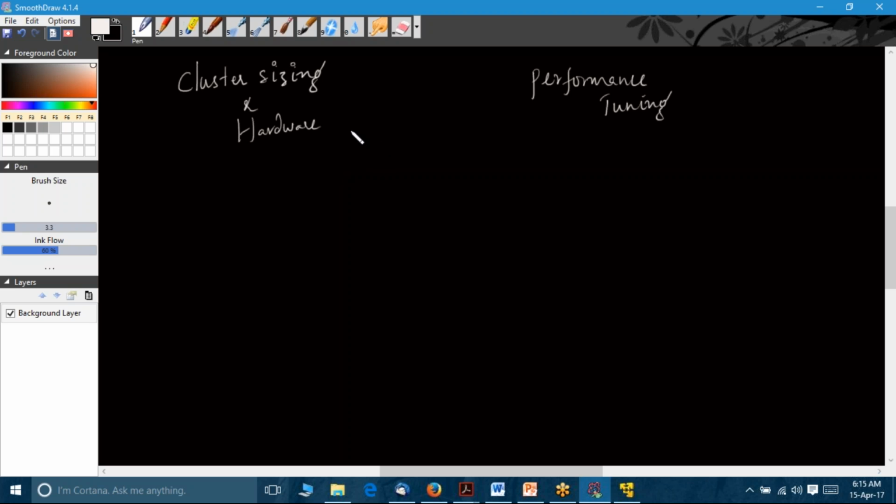But if you observe closely, we have discussed big data, and then we connected to Hadoop, because Hadoop implicitly means HDFS and MapReduce.